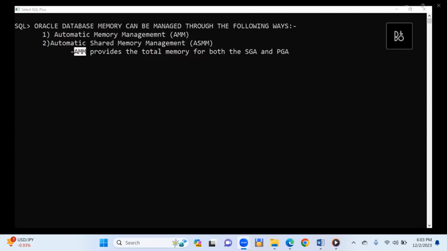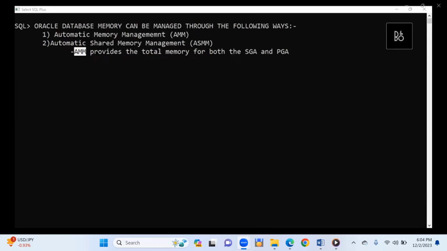There's no way PGA ends up with a higher percentage than SGA. Even the 60-40 ratio is not fixed, because you can end up with SGA getting 70% and PGA 30%, or SGA getting 90% and PGA 10%.